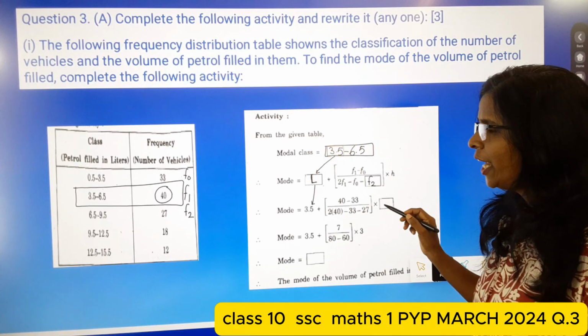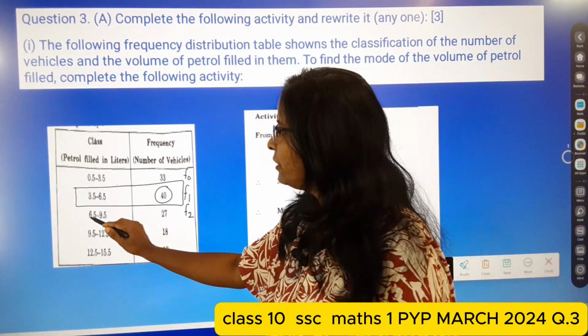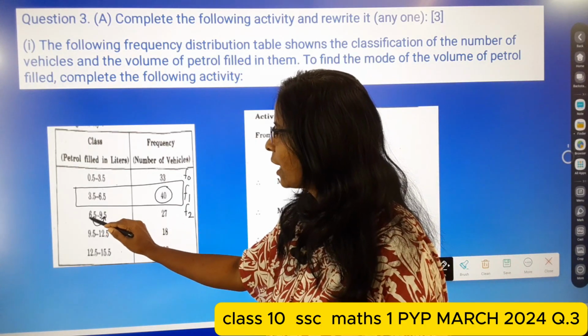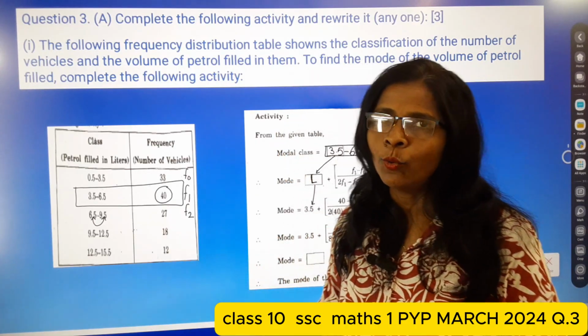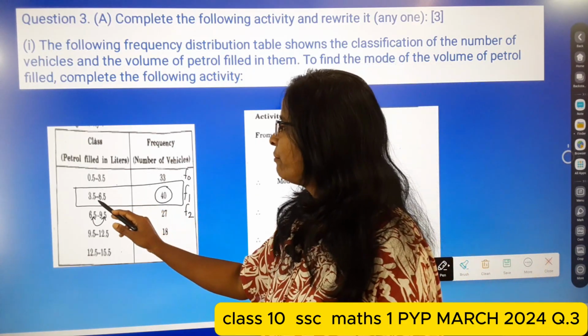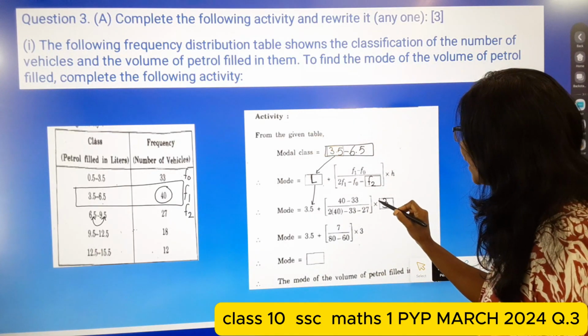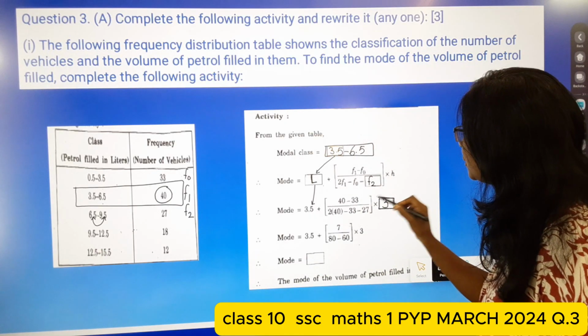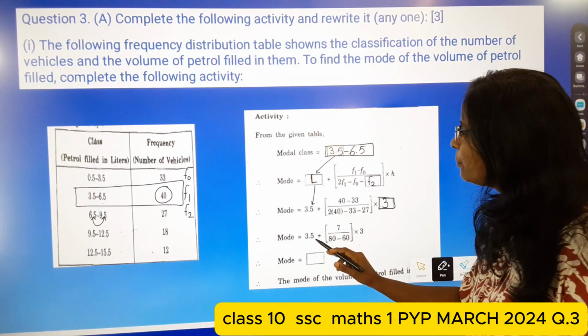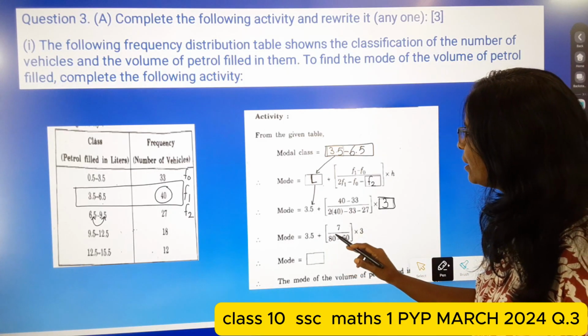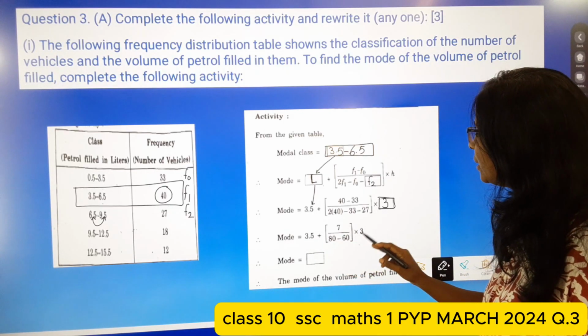And H means the distance between the upper limit and the lower limit of the class, that means 6.5 minus 3.5, and that is equal to 3. So I write here in this box the 3. Now mode is equal to 3.5 plus 7 upon (80 minus 60) multiplied by 3.